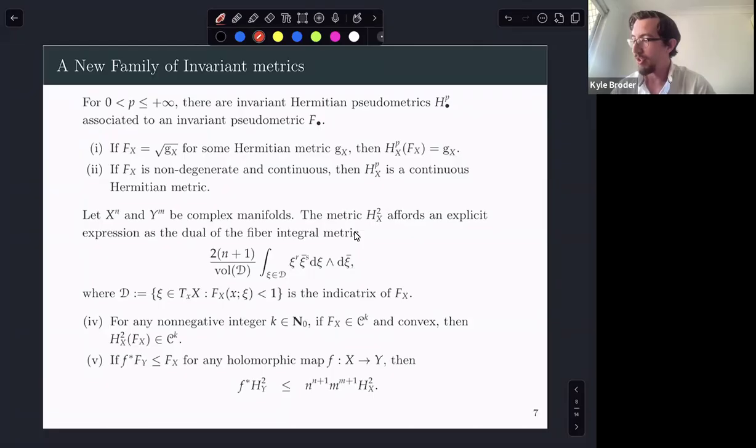So this was realized in the context of real Finsler geometry by Matveev and Troyanov in 2012.